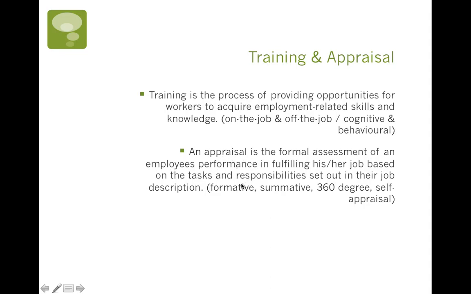There are different types of appraisals: formative, summative, 360, and self-appraisal. So formative appraisal is sort of the ongoing conversations happening between supervisors and employees. This gives people the chance to improve, whereas summative is kind of a final, at this date, looking back over what we've done in the last year.